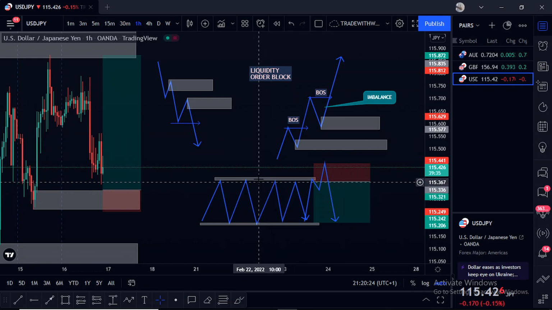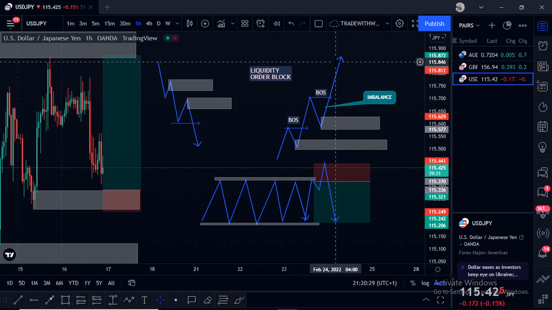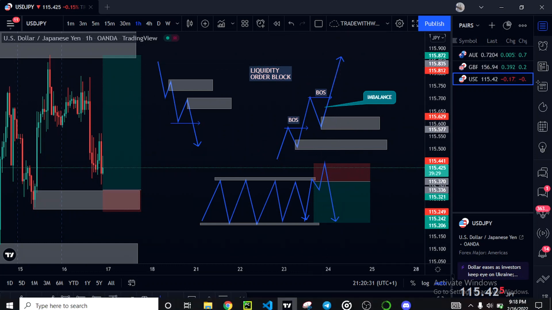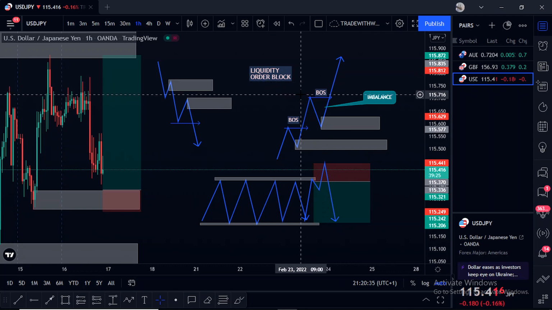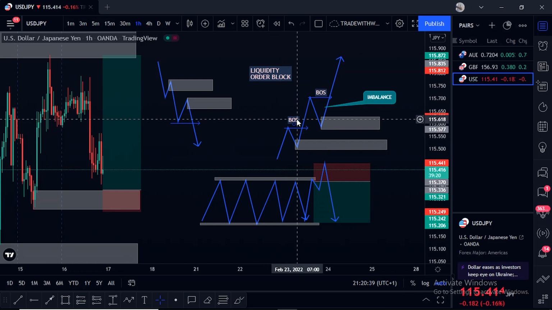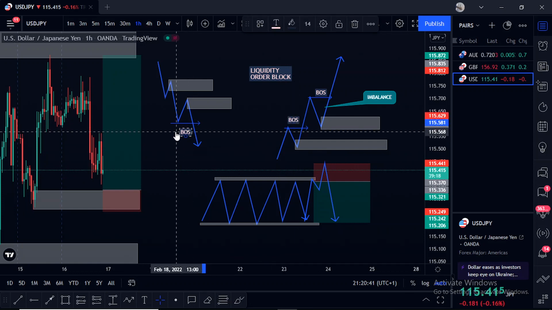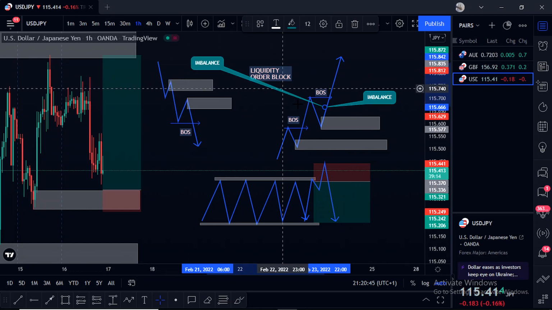Now I've explained liquidity. I've explained order block, which is the last down candle before the aggressive move to the upside. Imbalance is what breaks the structure, the structural high or structural low. So we have break of structure here, and imbalance here.